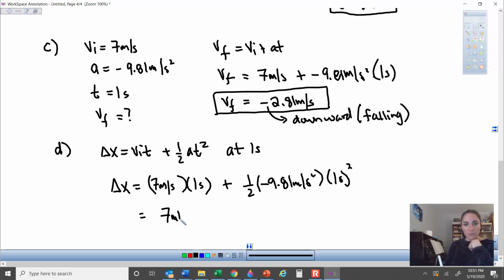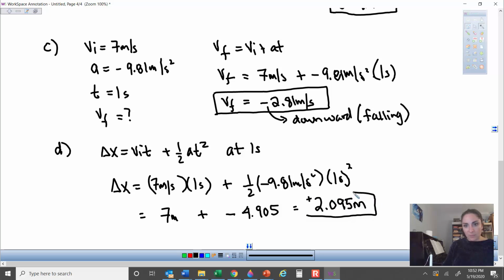This becomes 7 meters, sorry, the seconds cancel. 0.5 times 9.81 times 1 gives me negative 4.905. 7 minus 4.905. My displacement is 2.095 meters.